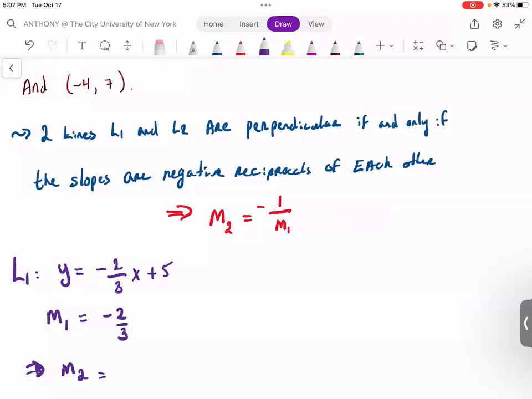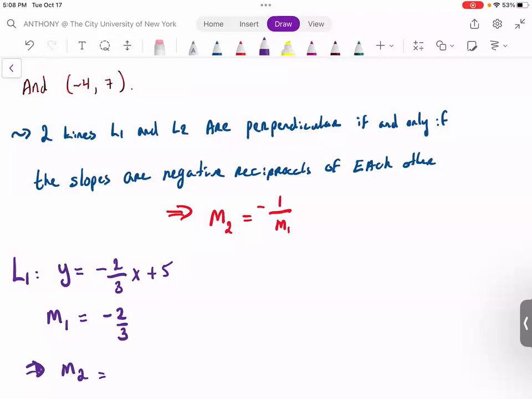Not 5. Remember, m1 is the slope of the first line. m2 is the slope of the line that we're trying to write the equation of. But we know that the two lines are going to be perpendicular. So if m1 is -2/3, then what will be m2? Everyone, we're taking a negative reciprocal of m1. So first of all, let's take care of the reciprocal part.